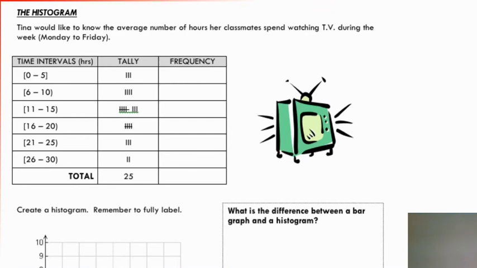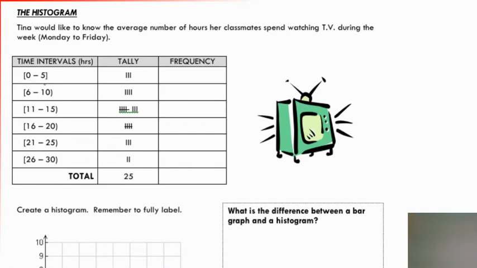So let's read our situation here. Tina would like to know the average number of hours her classmates spend watching TV during the week, Monday to Friday. Okay, so here are our ranges. So we have 0 to 5 hours, 6 to 10 hours, 11 to 15 hours, 16 to 20, 21 to 25, 26 to 30.